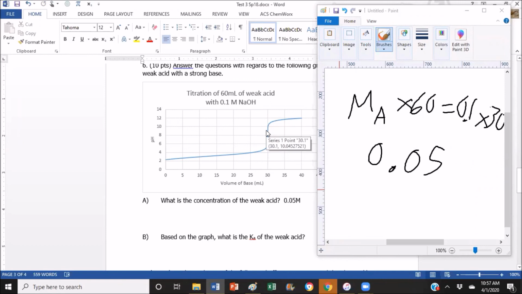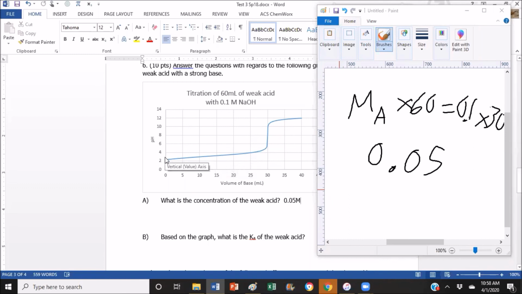So, the Ka of a weak acid can be determined by looking at the half equivalence point. So this is our equivalence point, 30. The half volume would be 15. So from there, what is the pH at that point? The pH equals pKa at that point. So this one you would have to approximate.